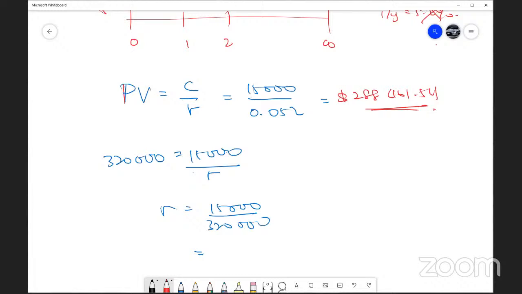Yes, very good, Chao Chen. 0.0469 or 4.69%. Piece of cake. Very easy, right?